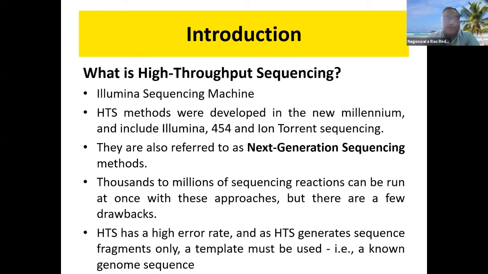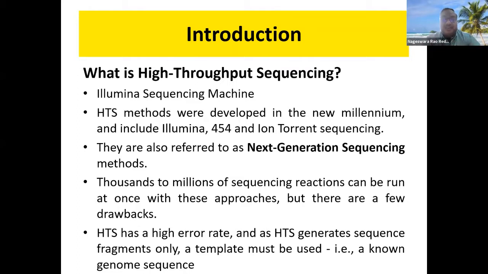Apart from Illumina, another machine which came is 454, and the third one is Ion Torrent sequencing. All of them are part of second generation sequencing technologies. Whatever is there from second generation to fifth generation, all of them are referred to as high throughput sequencing.